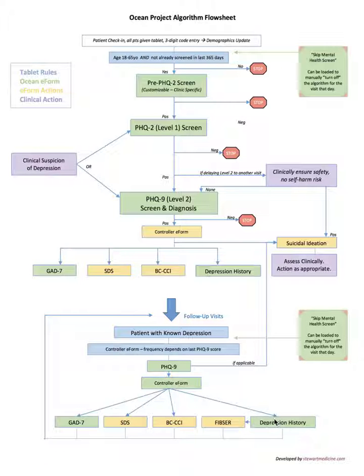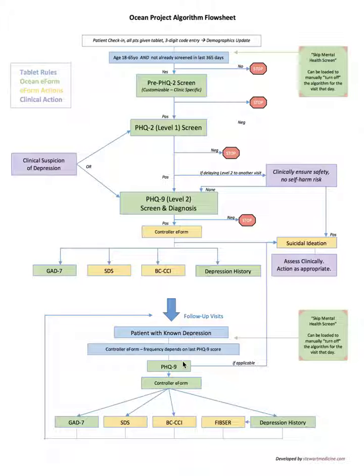So if they answer yes, they're on medications and yes, having side effects, the e-form action prompts them to do this FIBSR scale as well. If not, it's not loaded. And then this whole cycle continues, again, based on the severity of the last visits. The frequency depends on the severity of the last PHQ-9 score.